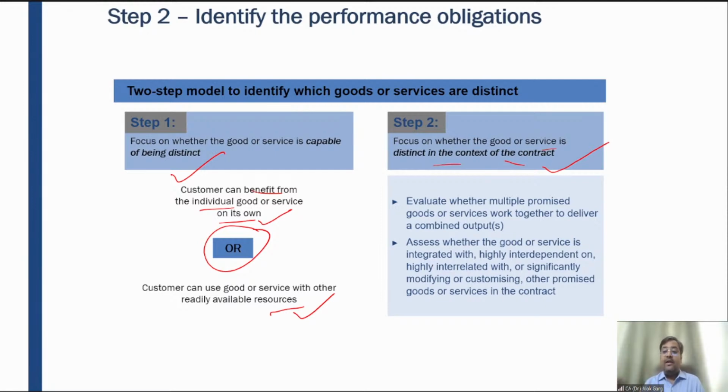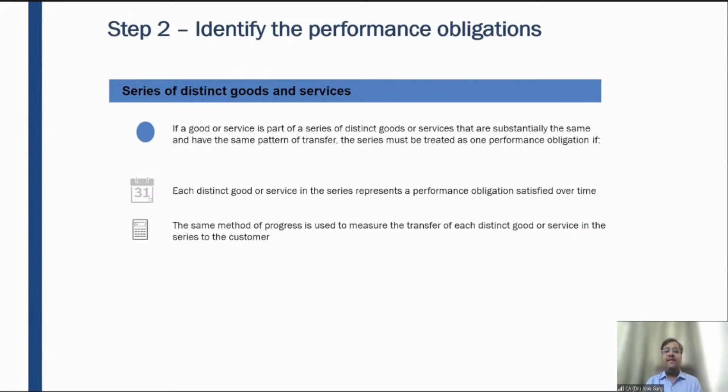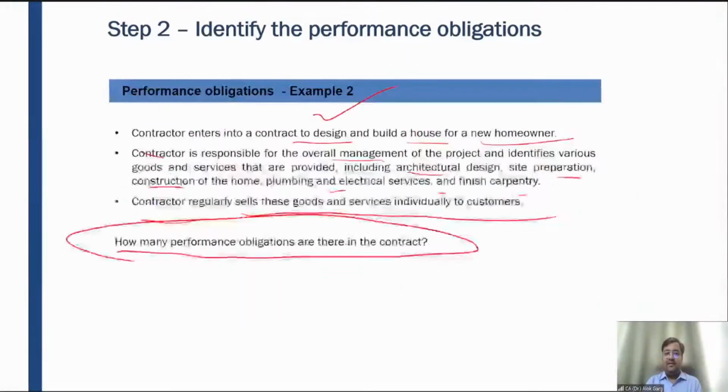While doing the civil work, he will be able to understand very clearly where I need to keep a hole for, let's say, electricity fittings, where I need to keep a hole for a split air condition, right? So my objective, or the customer's objective, or the objective of the contract is to provide the entire services in one go from one company, right? So you need to see whether those goods and services are distinct from the context of the contract as well. And we have done a lot of examples, a lot of practical case studies on this aspect, right?